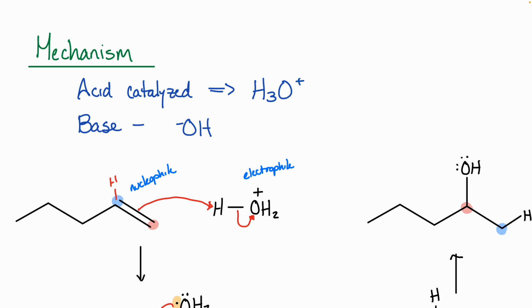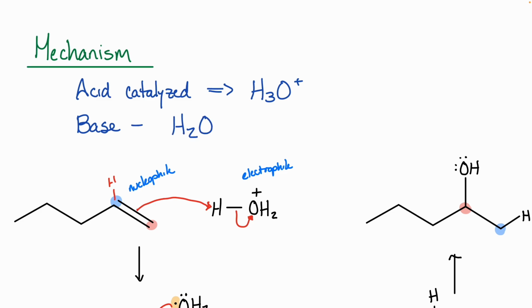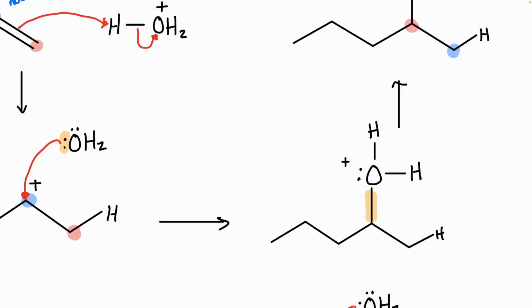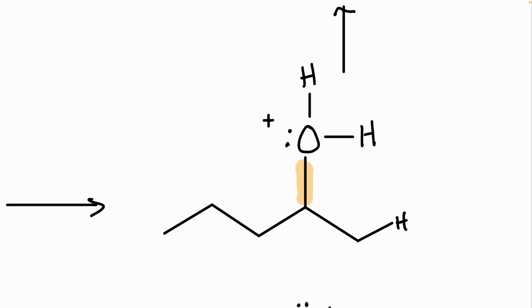This would never survive under acidic conditions. It's just going to react immediately and disappear. So for our acidic condition reactions, our base is going to be water. Your acid is hydronium, your base is water. So what's going to accept this proton here is going to be a water molecule.